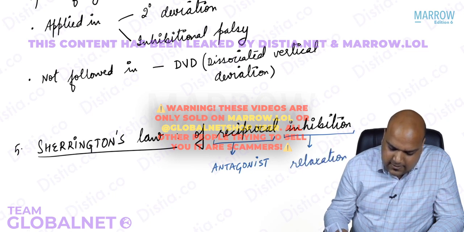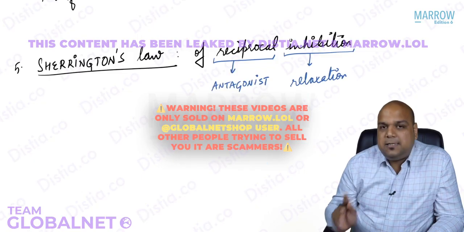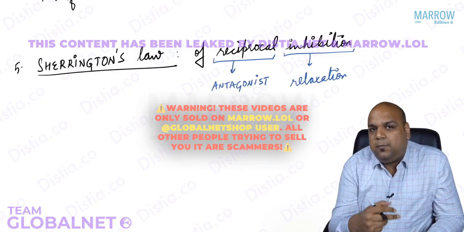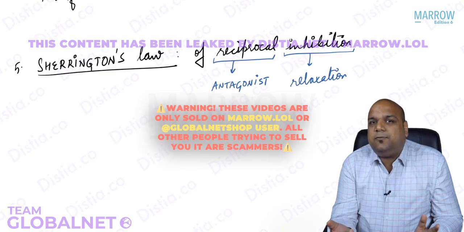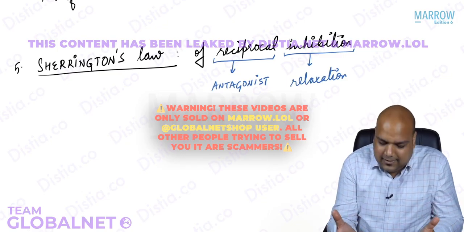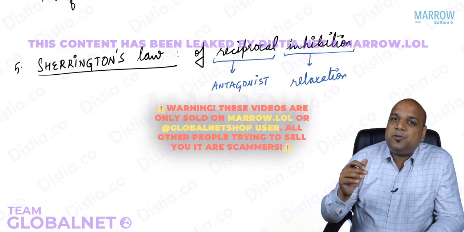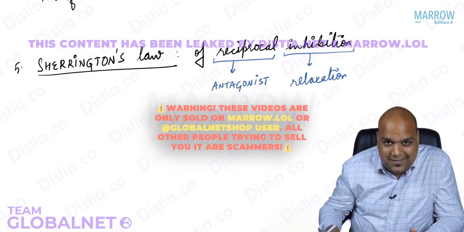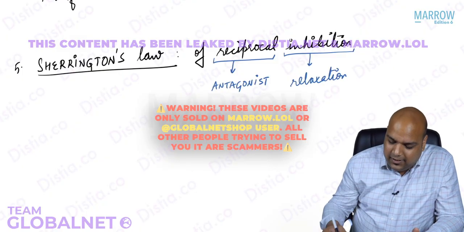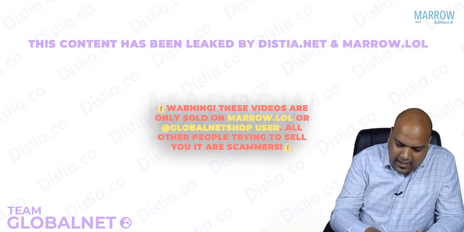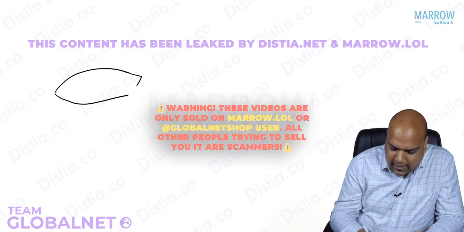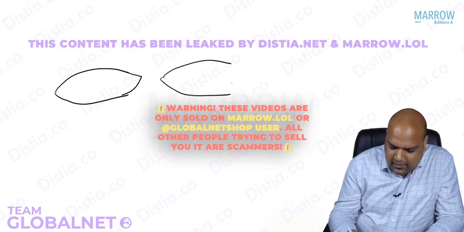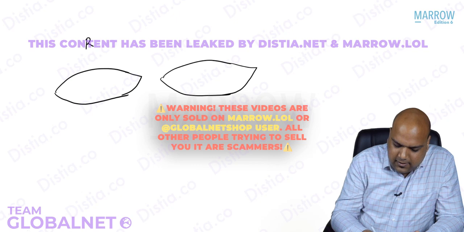That means relaxation. So Sherrington's basically said that for two yoke muscles to contract, each of the antagonist muscles of the yoke muscle should relax. So the antagonist muscle should relax, everybody. If we understand Hering's and Sherrington's together, let's say I want to look towards the right side.